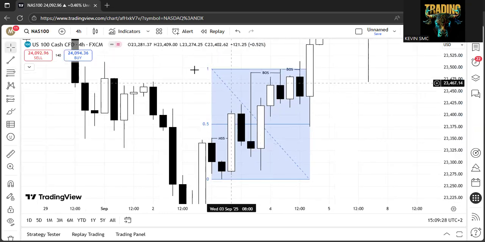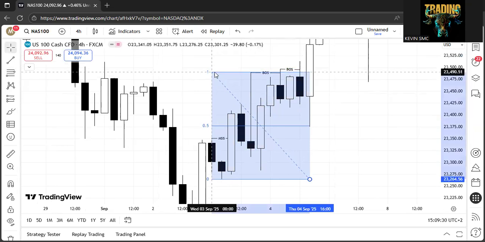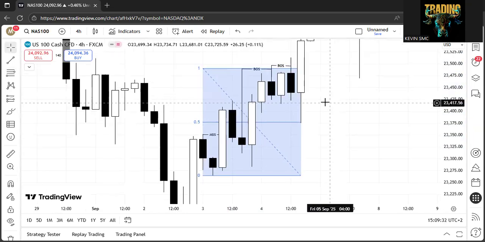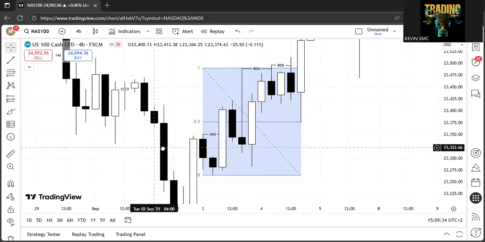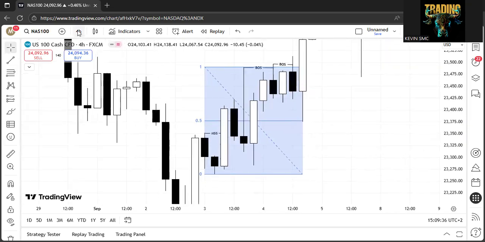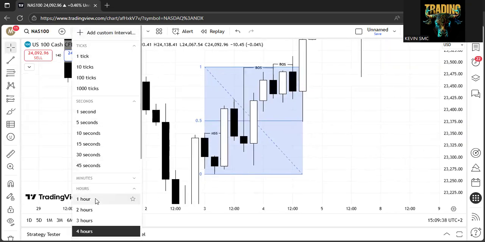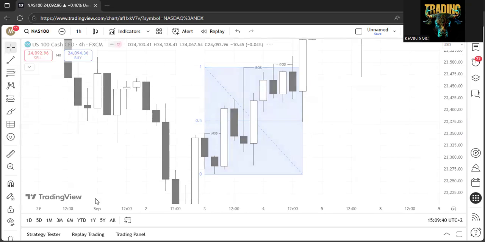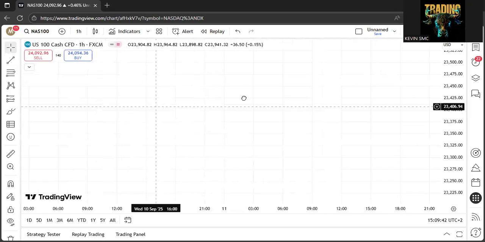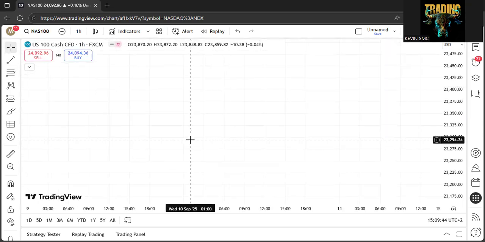Okay, our fib has been applied from our higher high to our higher low since we're on an uptrend. And then we go to the 1 hour.